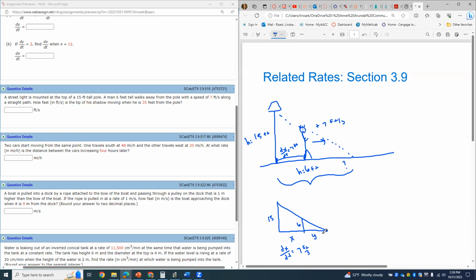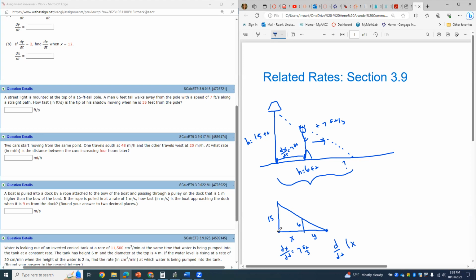Okay, so what we're actually being asked to find would be the derivative of... it wouldn't be just dy/dt, because that would only account for the distance from the man to the end of his shadow.